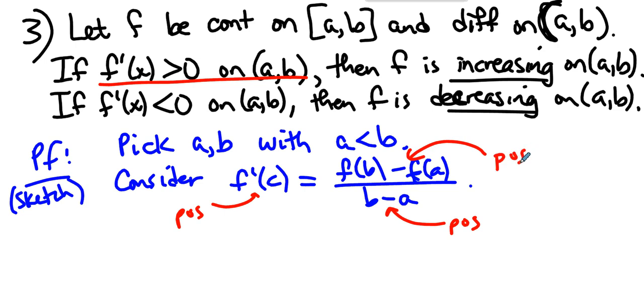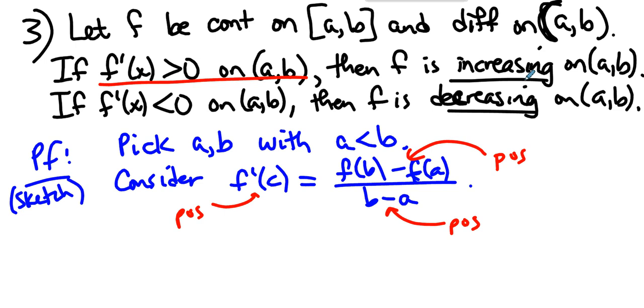And that must happen because a positive divided by a positive is a positive, but a negative divided by a positive is not a positive. So this number has to be positive. And if this number has to be positive, then f of b has to be bigger than f of a, which means the y value on the right has to be higher than the y value on the left, which means that the function is increasing.